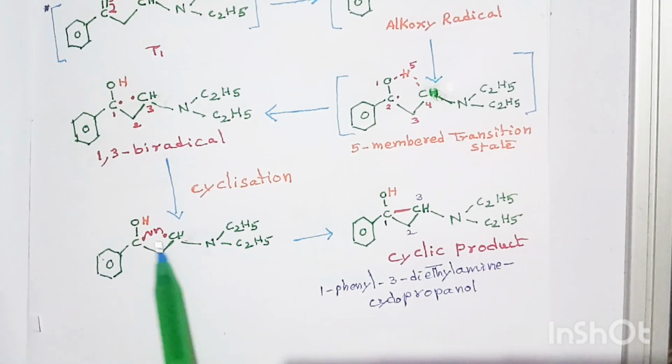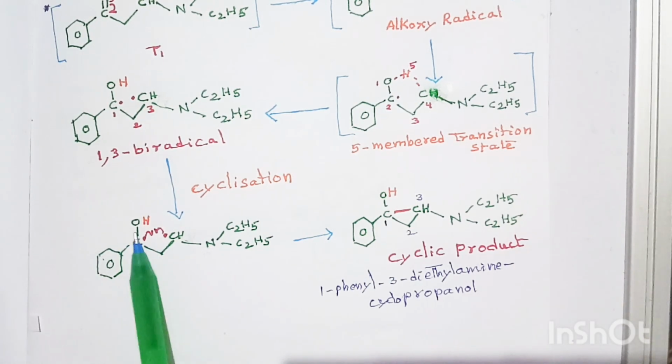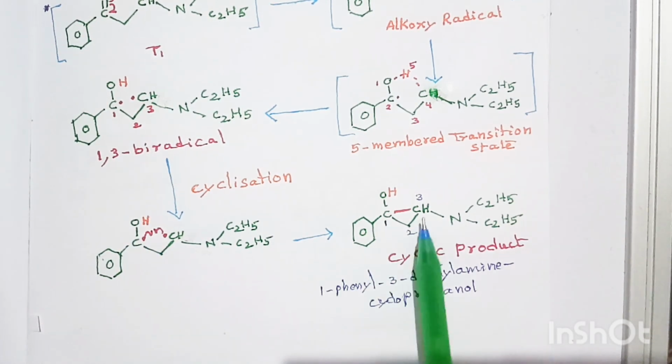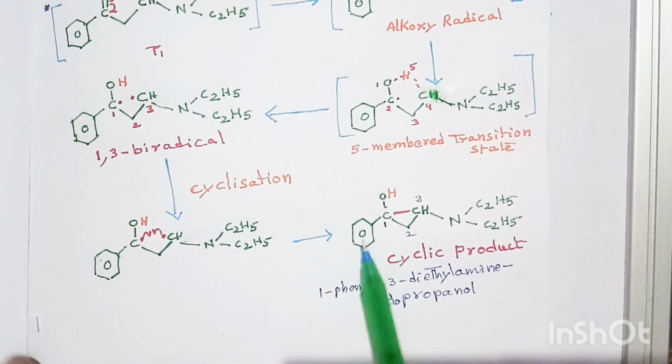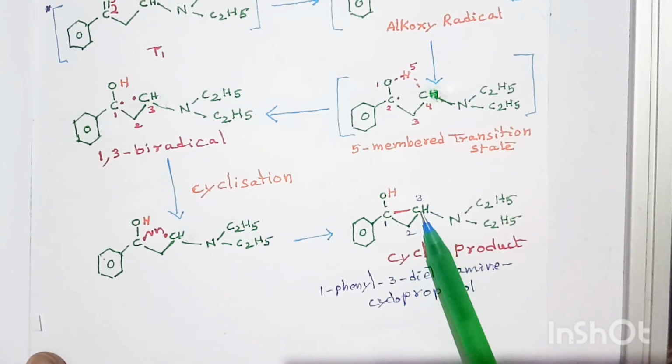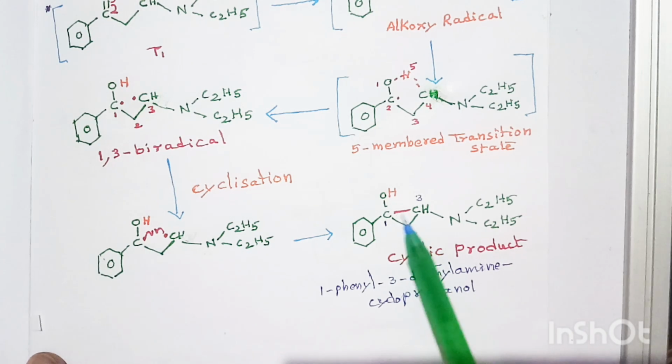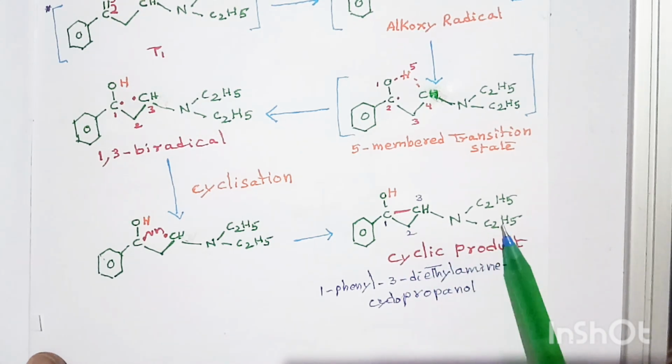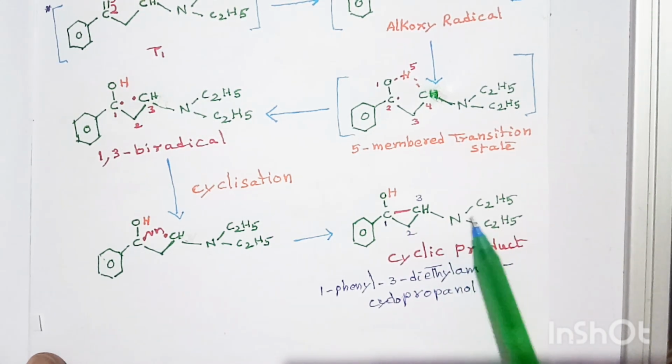So these two radicals will join together to form a new bond between them, as a result of which we get C6H5, COH, CH2, CH, a new bond here, and the rest of the compound will remain as such, N, C2H5, C2H5. This is a cyclic product.